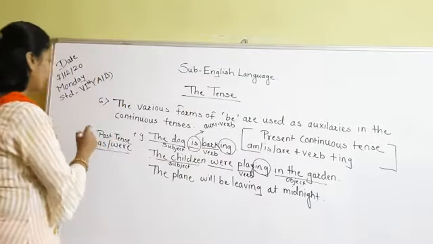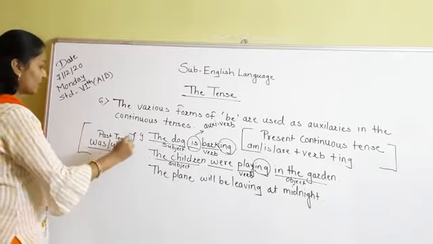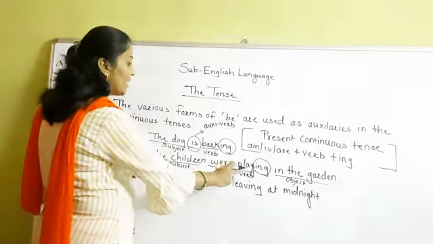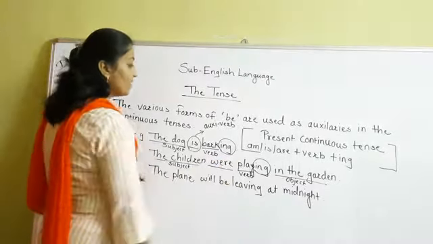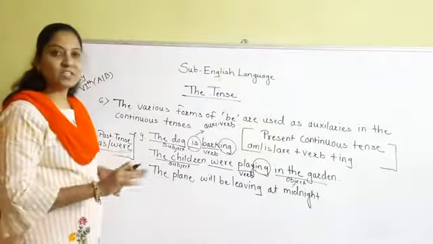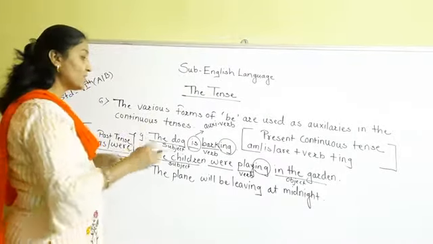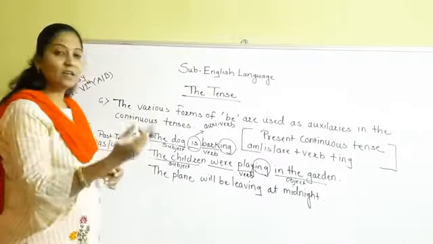I have already told you that we are using was and were in the past tense. The children were playing. Our main verb is play and we have added ing to that verb, meaning the action is not finished. The action of playing is not finished. The action is still continuing. So the children were playing in the garden.